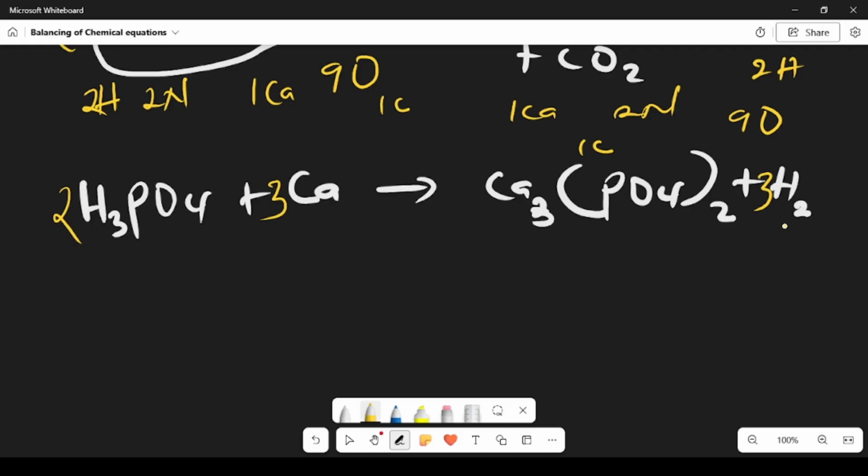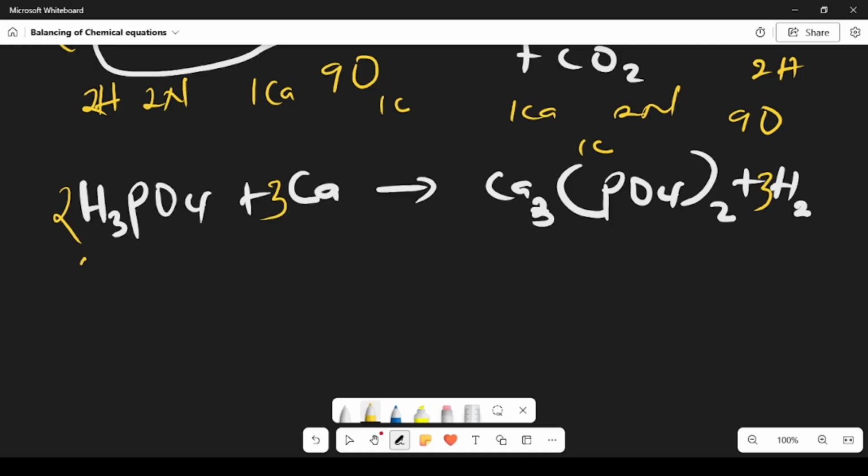So the next one here is PO4. And in this bracket here, we have 2 PO4, meaning we have 2 phosphorus and 2 times 4 oxygen will give you 8 oxygen. So same thing here, because this particular 2 is governing everything in this compound. So 2 times 1P will give you 2P and 2 times 4 will give you 8 oxygen.